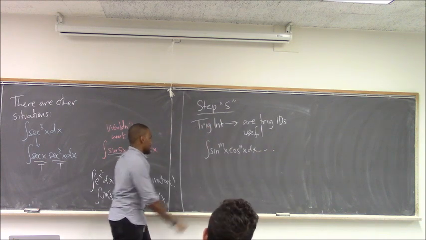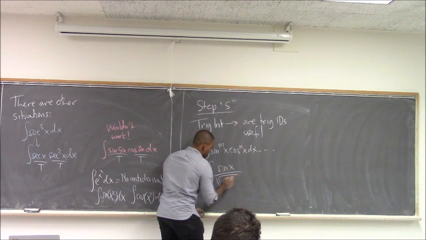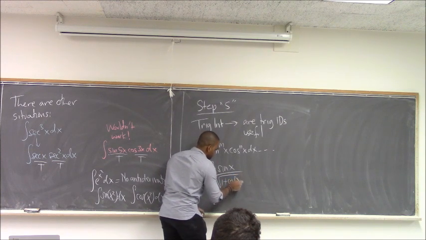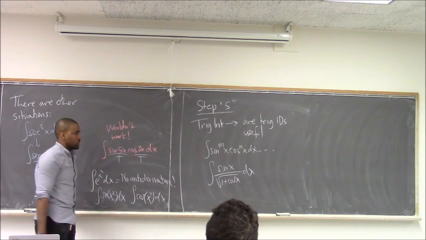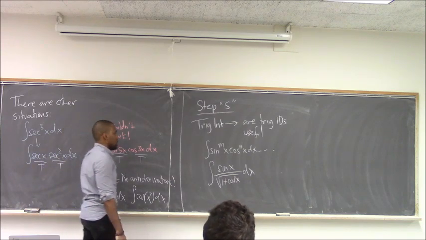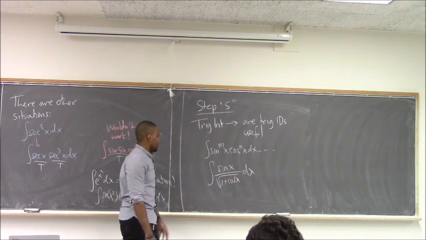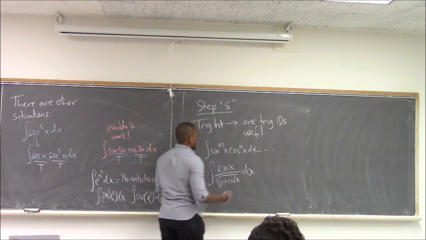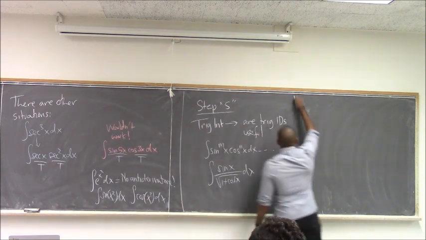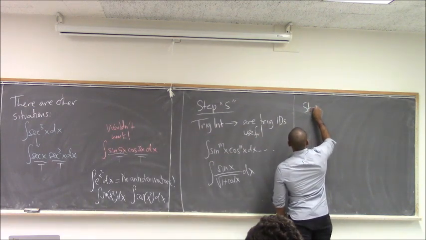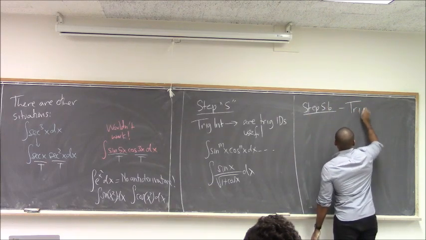Or you had, say, the sine of x over the square root of 1 plus cosine of x dx. Things of that sort, where trig identities can help you out. Or just knowing a substitution would be what you try here. But get the idea: using trig identities, will they help out? Step 5b is trig substitution.